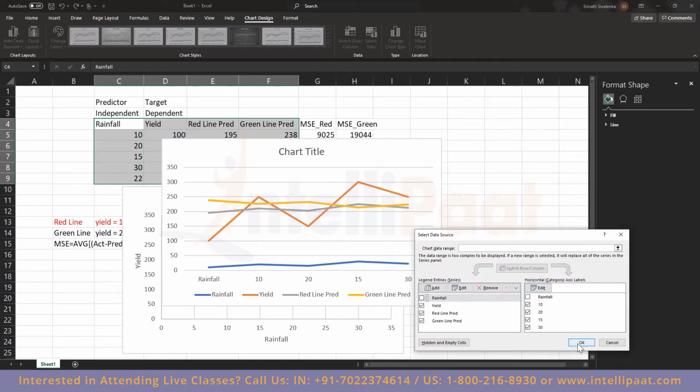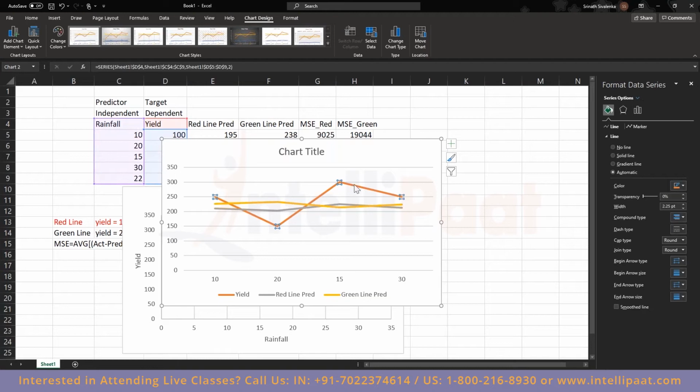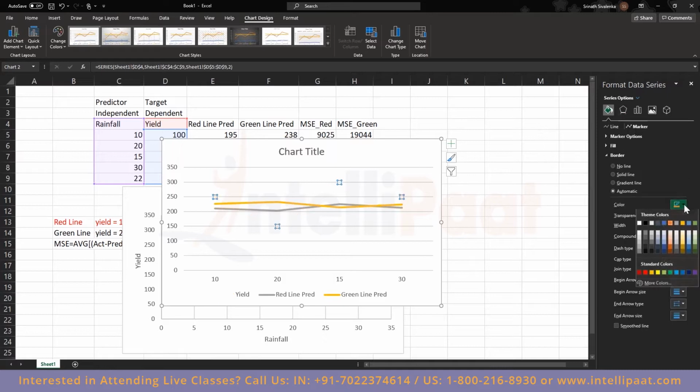And just remove this from here. Okay. So for different values, let me just change the chart type here. Just a second.